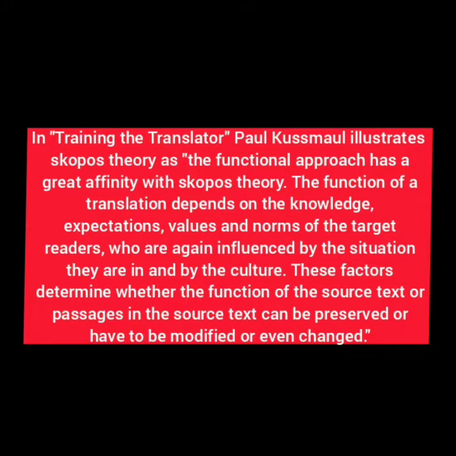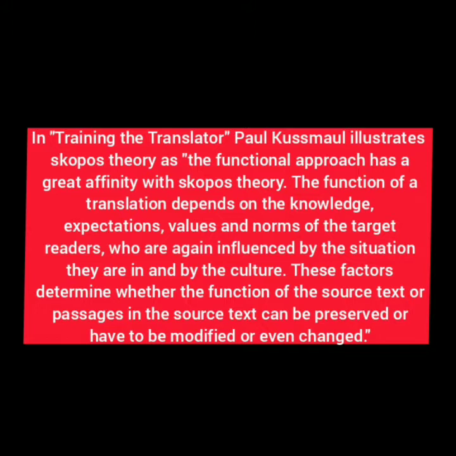The function of a translation depends on the knowledge, expectations, values, and norms of the target readers, who are again influenced by the situation they are in and by the culture. These factors determine whether the function of the source text or passages in the source text can be preserved or have to be modified or even changed.